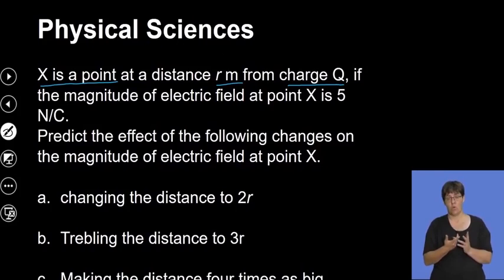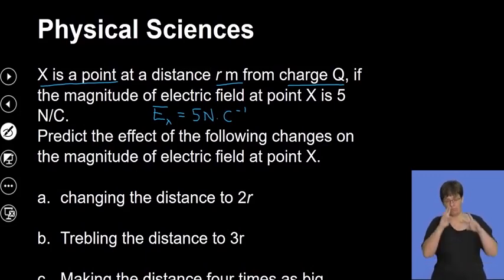If the magnitude of the electric field at point X is 5 newtons per coulomb, so E at point X due to Q1 is equal to 5 newtons per coulomb, whatever the direction is.